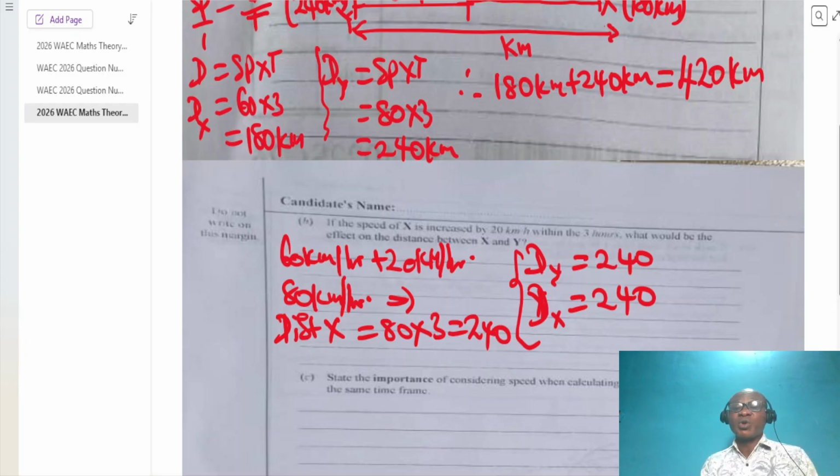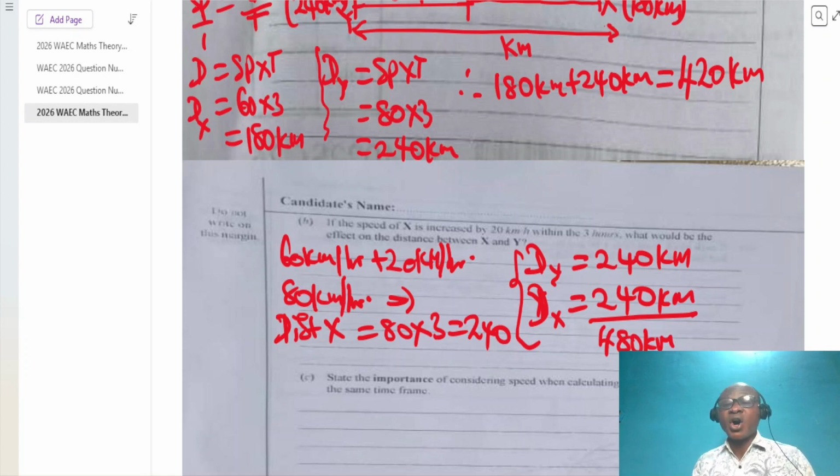So it will also be 240 km. Now, therefore, when we sum up both X and Y in this section B, it will now be 480 kilometers covered within the same 3 hours.